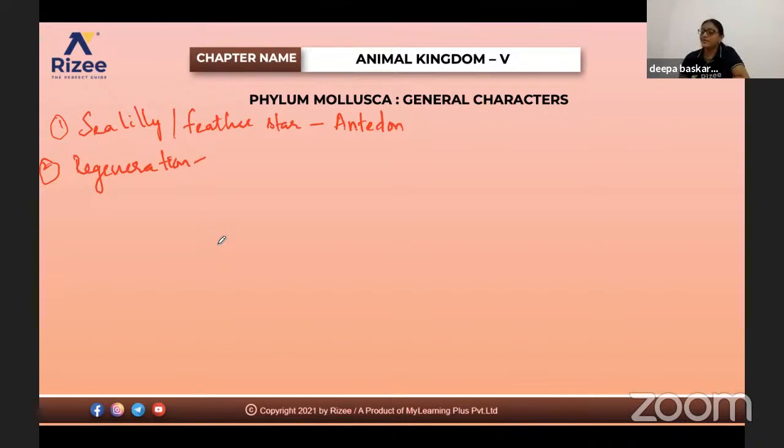Regeneration capacity means if we cut a small part of the animal, it will again regrow. So here the options given are planaria, hydra, starfish, all of the above. All are having this regeneration capacity. And even some annelids also have regeneration capacity.